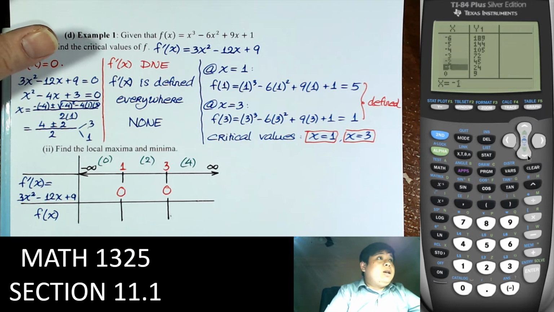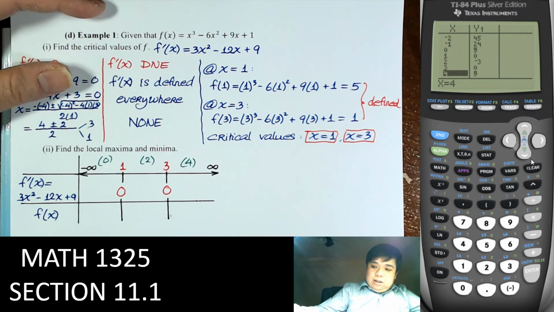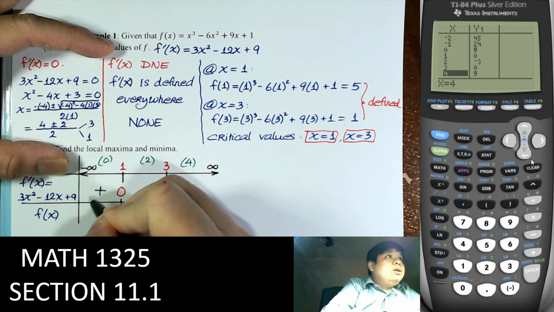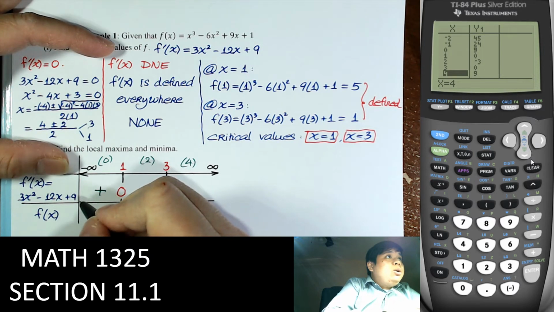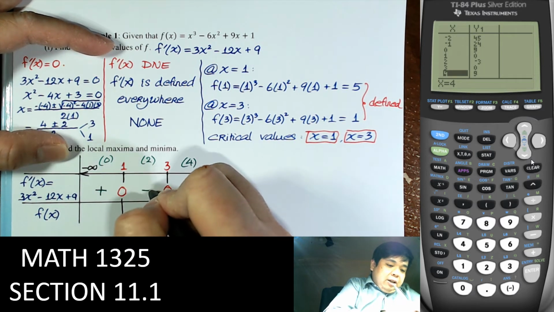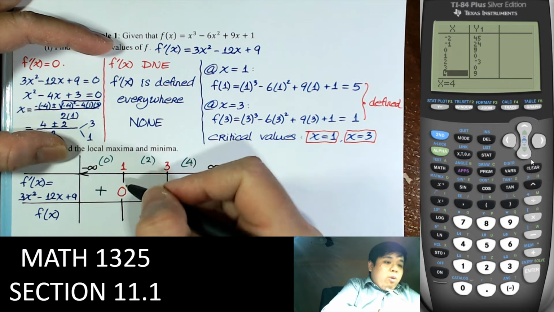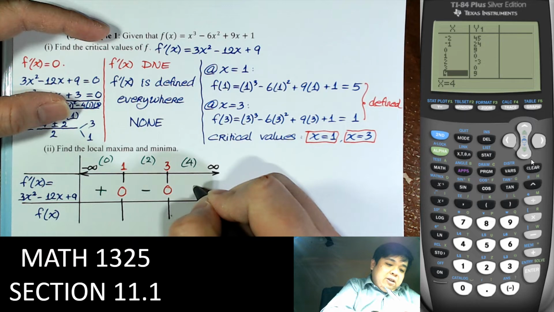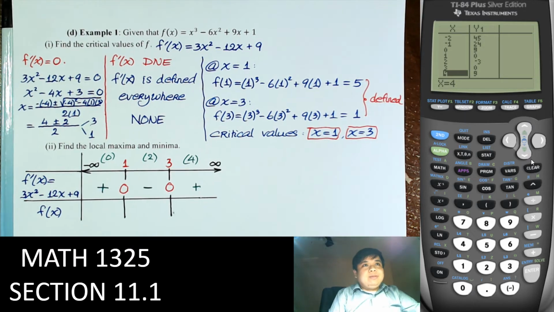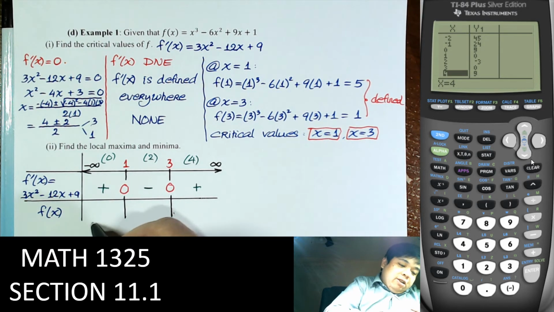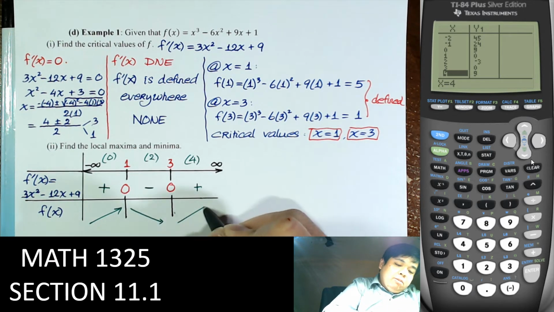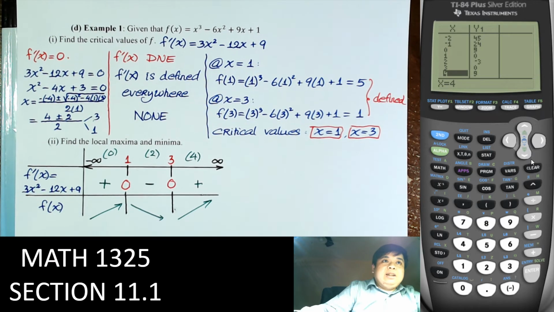Okay, 0 is positive, 2 is negative, and 4 is positive. We only need to know if it's positive or negative. Now, if it's positive, the function is increasing, negative it is decreasing, and then increasing again.